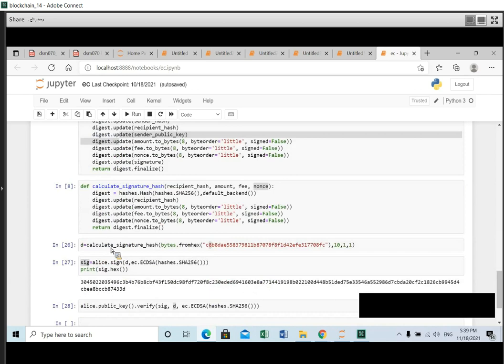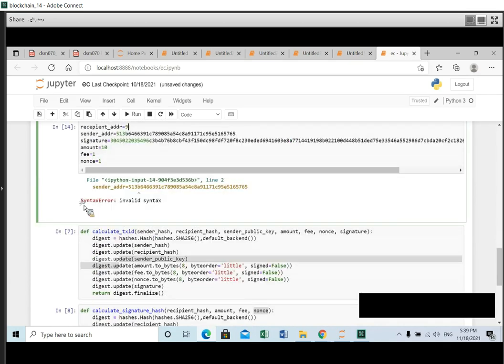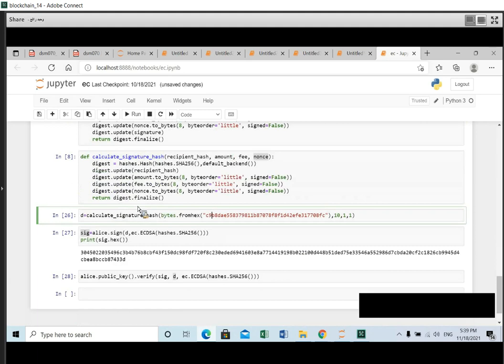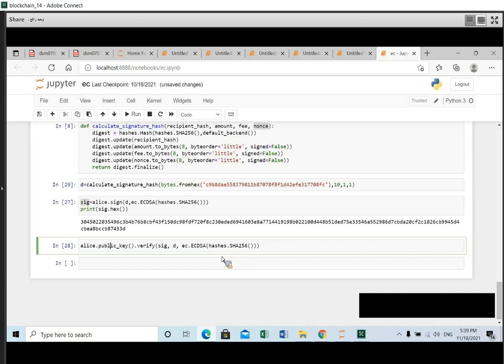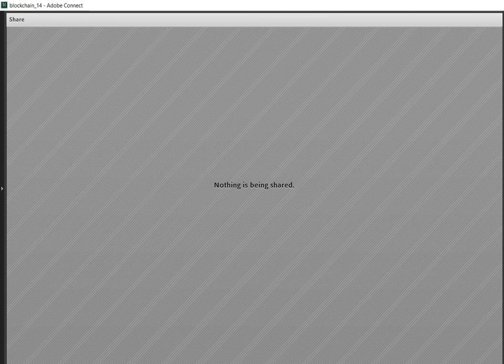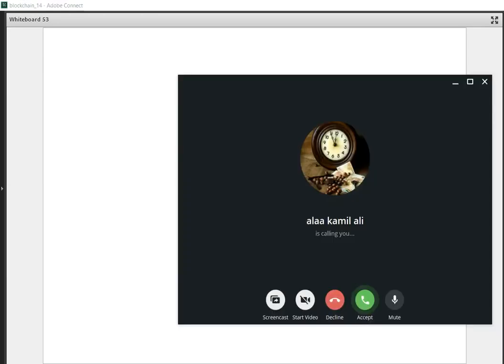And now, if they verify, they see an invalid signature. This is how others are prevented from tampering with the transaction. This is one of the parts of transaction verification.